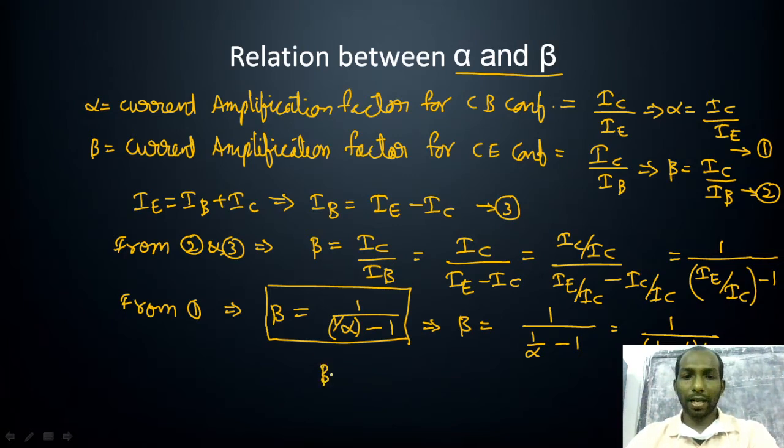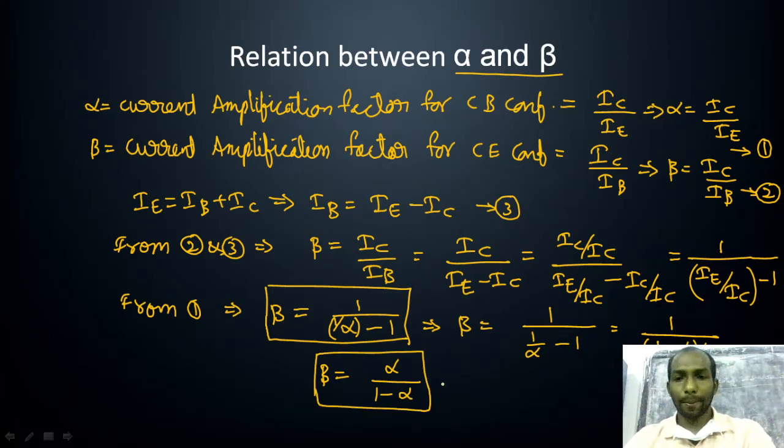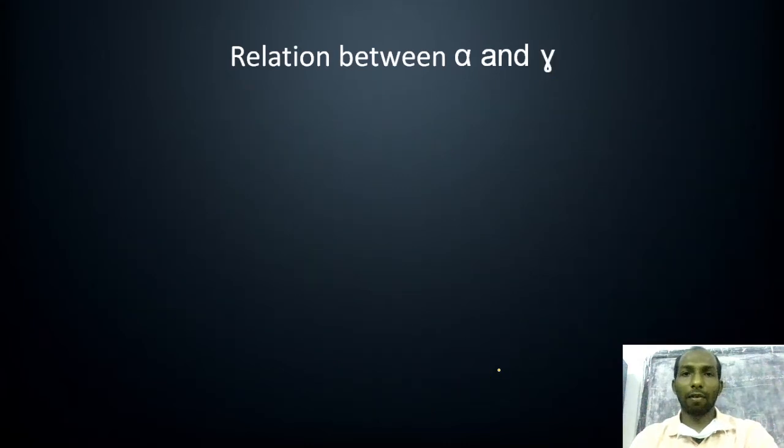So finally we are left with beta is equal to alpha by 1 minus alpha. This is the relation between alpha and beta. Let us consider this equation as equation 4, or capital A. In the next slide, we will derive the relation between alpha and gamma.